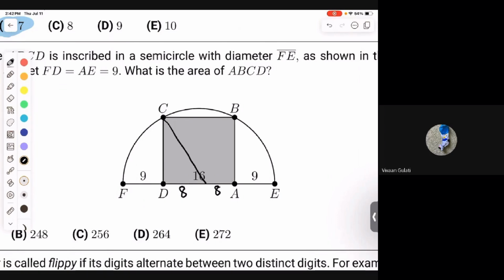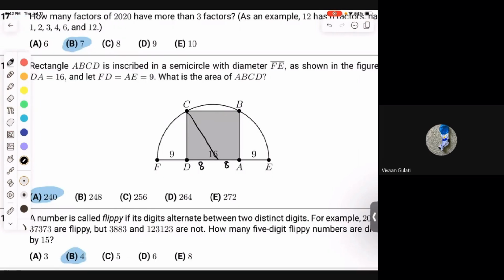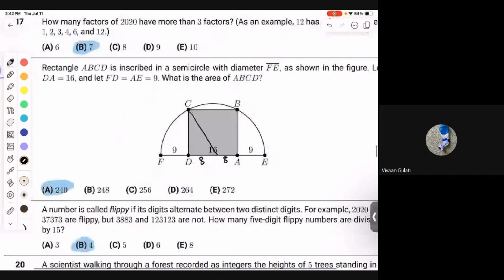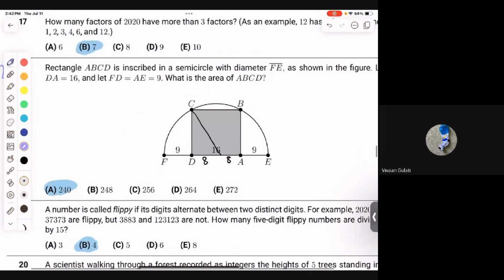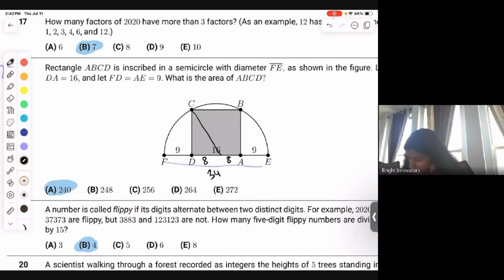Hold up. Give me a sec. Oh yeah, okay. So the whole thing of the bottom is 34. So the radius of the semicircle is 17. So that means from the middle to C is 17.